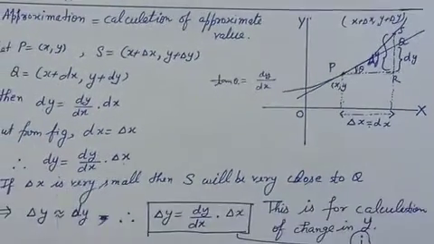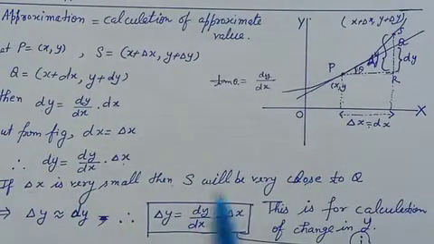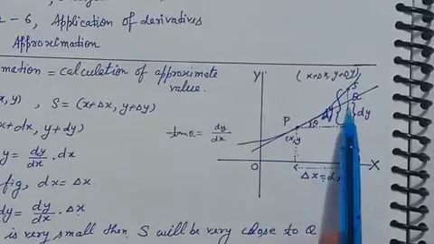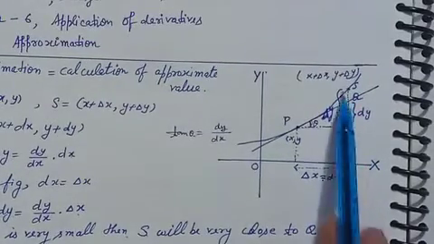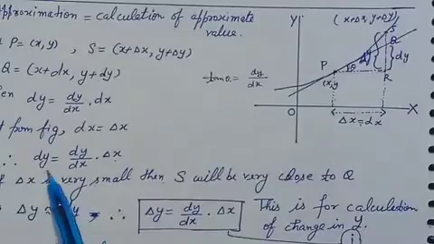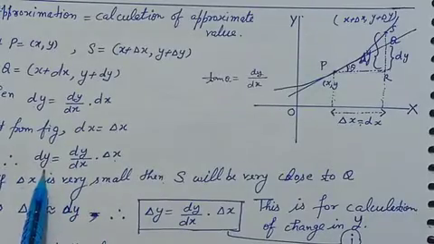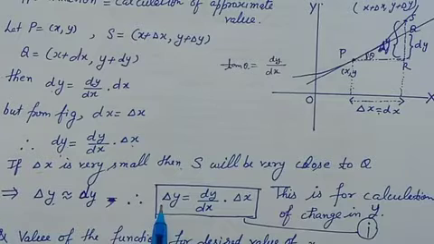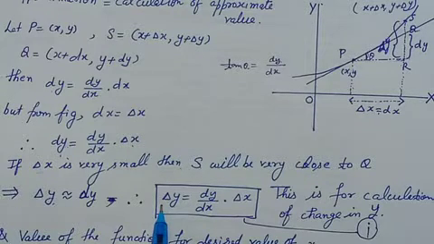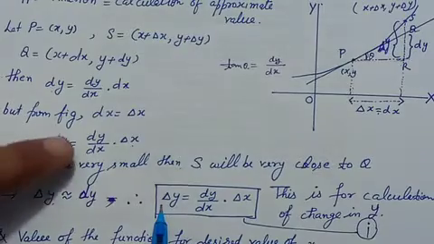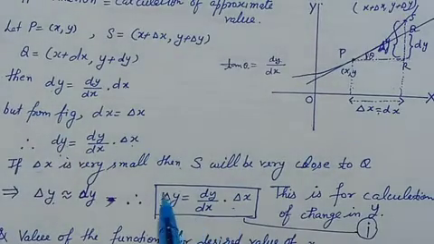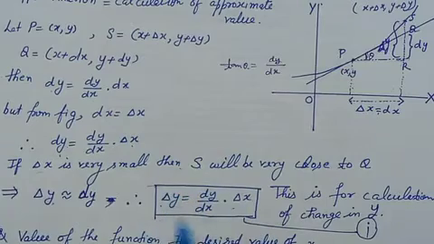Now if delta x is very small, then S will be very close to Q. It means delta y is approximately equal to dy. So this dy can be replaced by delta y. It means delta y, change in functional value, equal this dy by dx into delta x. We will use this result as a formula.